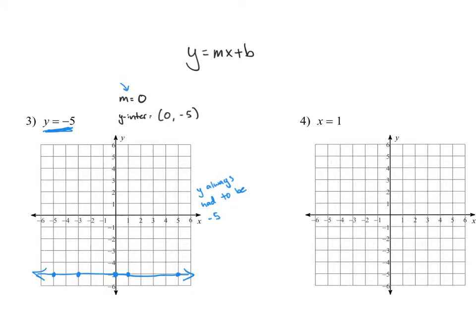The same thing is true over here for x is equal to 1. x has to be 1, which means that this is my x value that equals 1, and this is my x value where it equals 1, and this point has an x value of 1, and so you end up getting a vertical line.